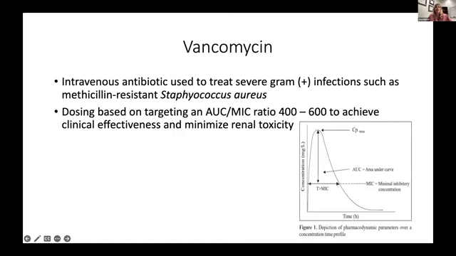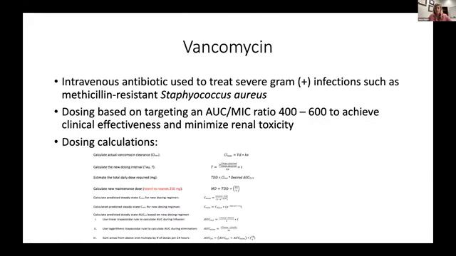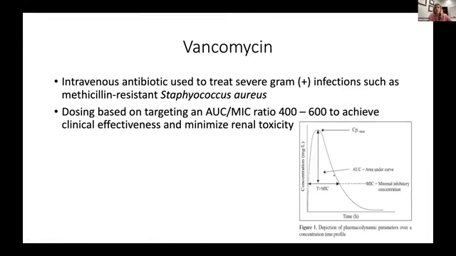This is just displaying one dose in the dosing interval. What we're targeting is this area right here. We want that to be a ratio of 400 to 600. That helps us ensure that we are achieving clinical effectiveness, or the drug is working and killing the bacteria, but also minimizing renal toxicity, which is one of the major side effects of vancomycin.